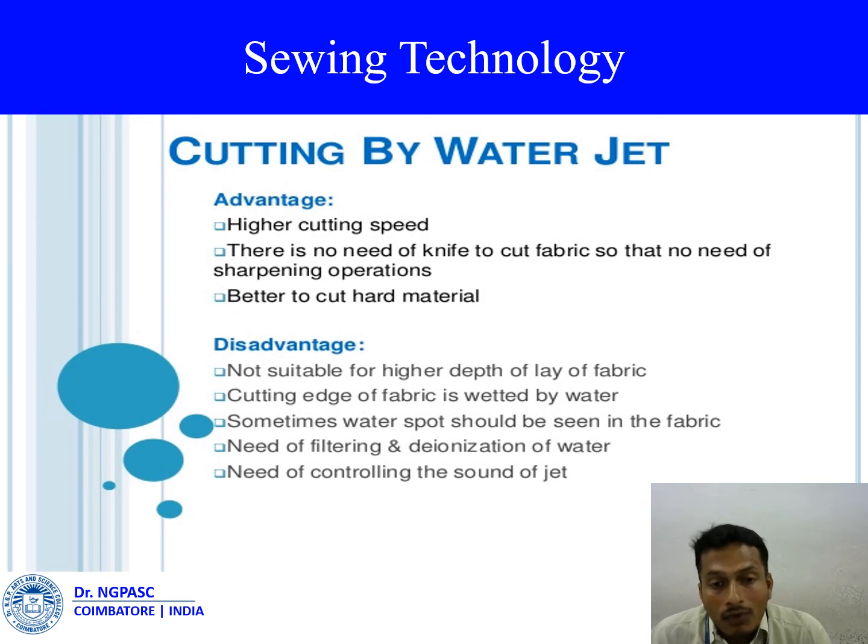And then the disadvantages: it is not suitable for higher depth of lay of fabric, and the cutting edges of the fabric are wetted by water. Sometimes water spots can be seen in the fabric because it is a water jet. So water spots may be visible in the fabric. Need for filtering and deionization of water. Need for controlling the sound of the jet.